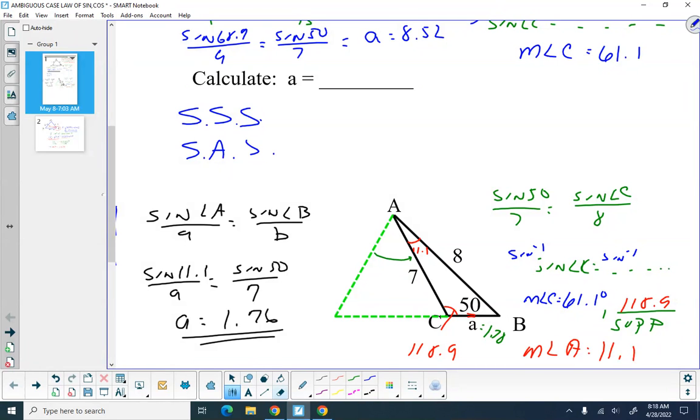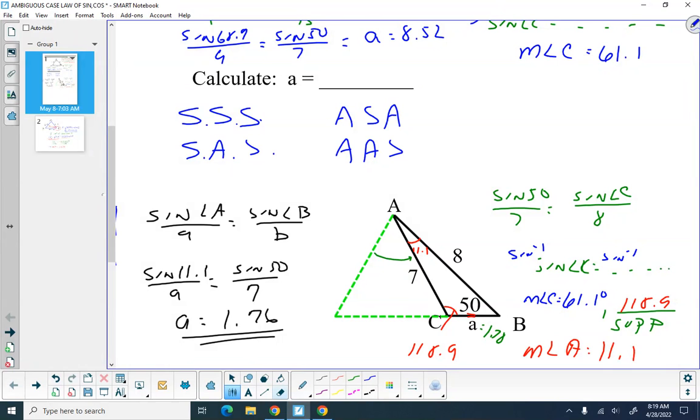Then you learn the angle-side-angle postulate. If two angles and the included side of one triangle are congruent to two angles and the included side of the second triangle, then the two triangles are congruent. Then you learn the angle-angle-side postulate.